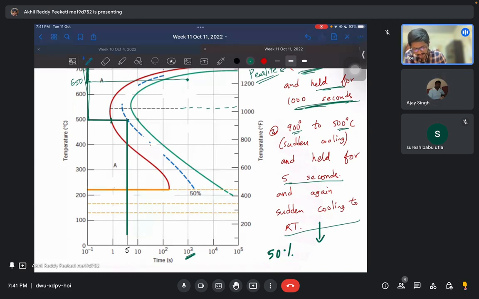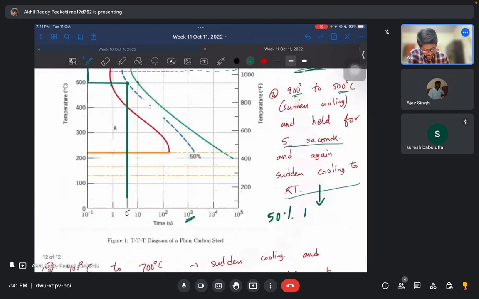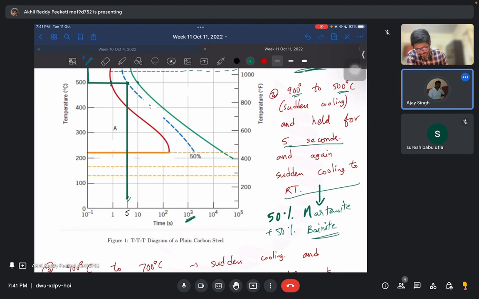So this point will have 50% austenite and 50% bainite, and because you are below the nose and then suddenly cooling it, all the 50% austenite will become martensite, plus 50% bainite. This is case 2. This is case 1.